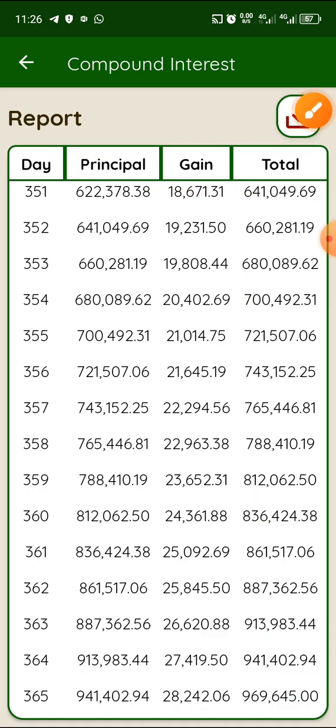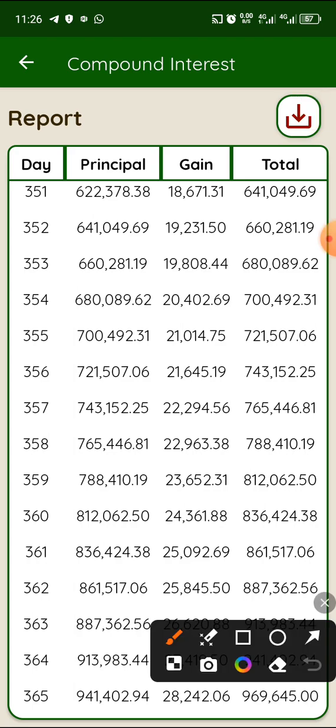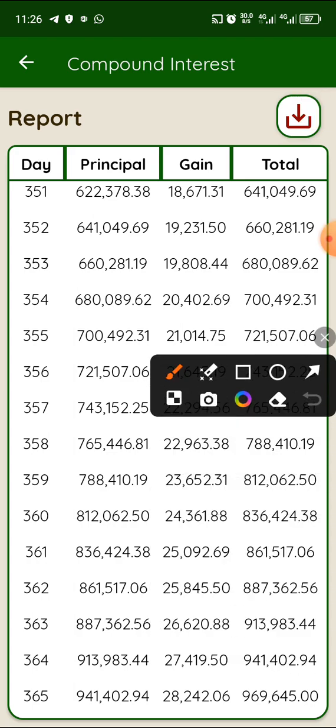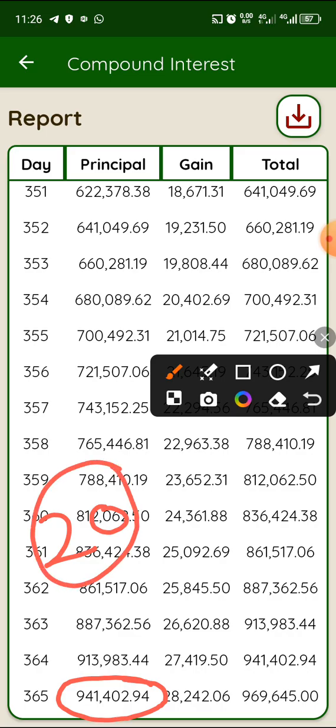So by the moment the year closes, guess what? You'll have $941,000 while you started with only $20. Do you see the power of compounding?